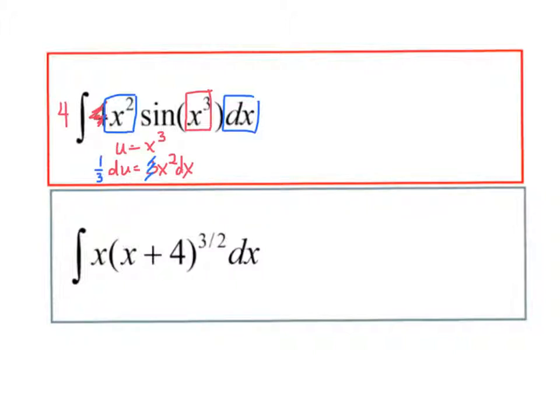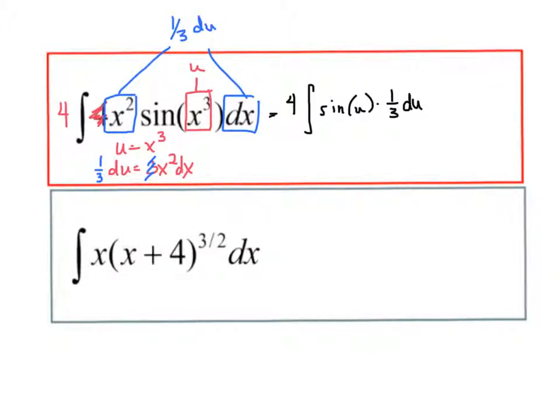So what can happen here is I'm going to take this red box, and this is going to be u, and these blue boxes I'm going to put up here are going to be 1/3 du. So my integral, remembering that 4 out front, becomes the sine of u multiplied by 1/3 du.